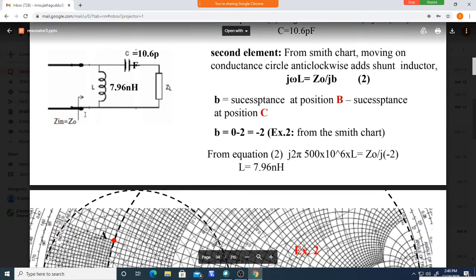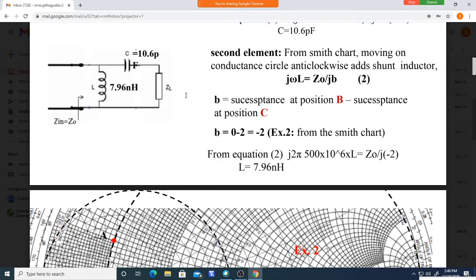But by adding these, those two get added with this ZL. So the total impedance between these two terminals is now equal to Z naught, 50 ohm. So automatically maximum power will be delivered, and assuming this is lossless, maximum power will be delivered to the load ZL.